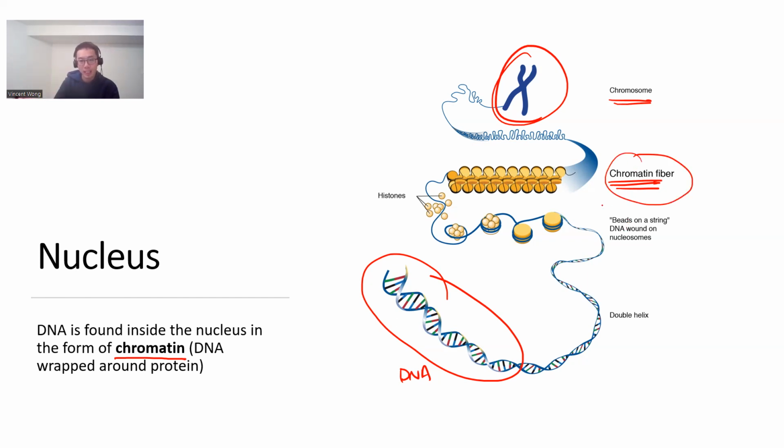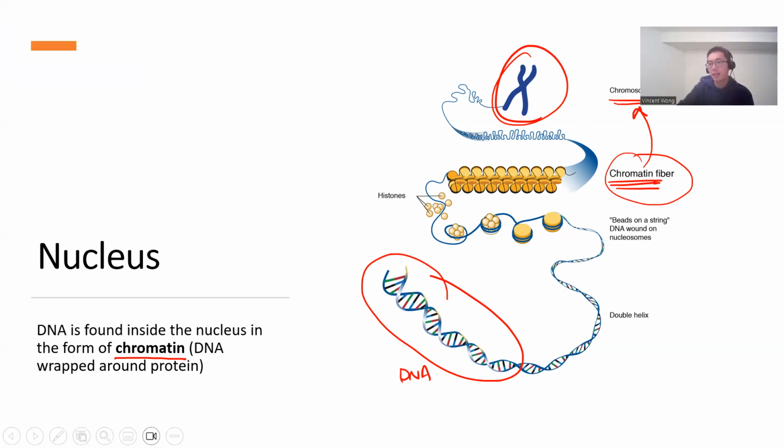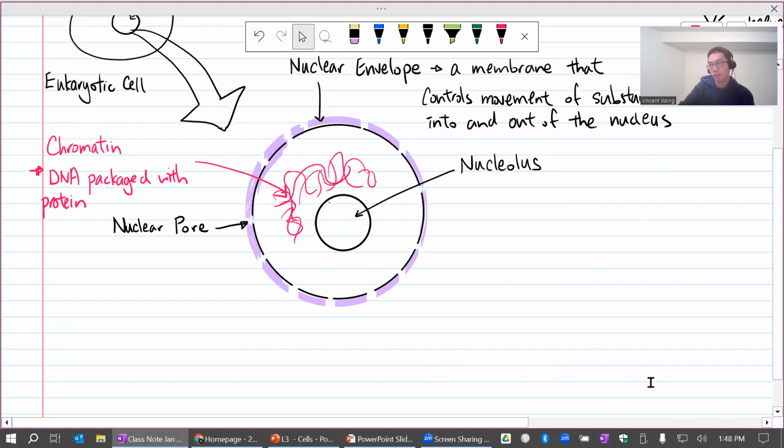It's only when the cell is trying to divide that the chromatin becomes the chromosome. But don't worry too much about it for now. Just know that chromatin is essentially DNA packaged around proteins. Why do we need to package them? Because there is too much DNA. We cannot fit it, so we want to condense it a little bit. That's what chromatin is.